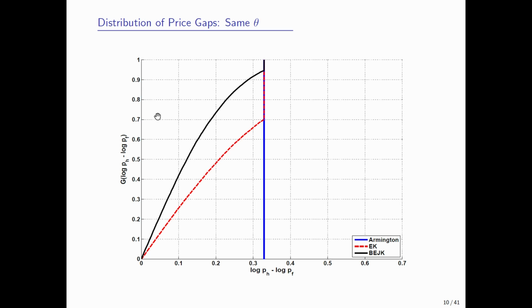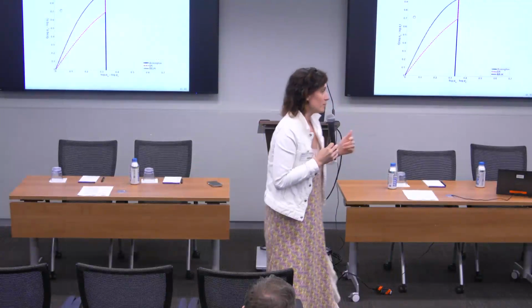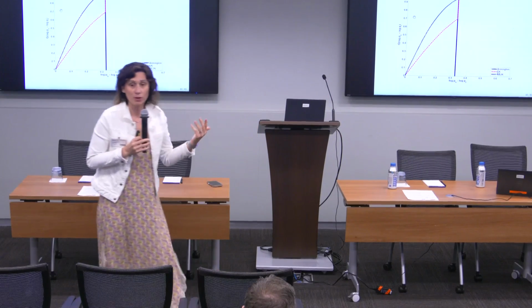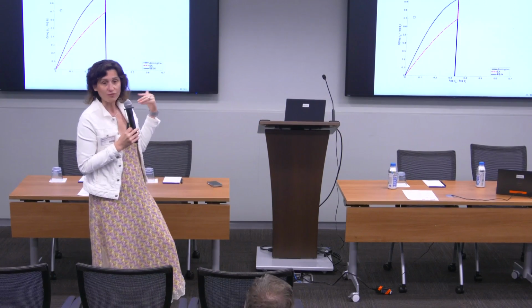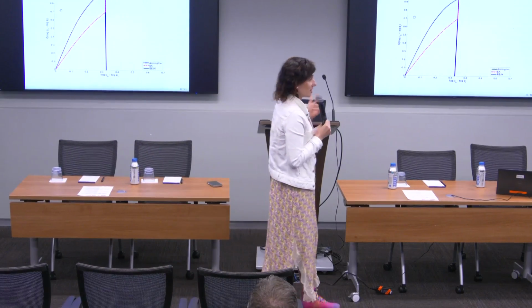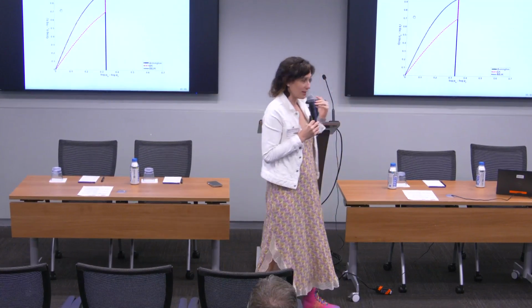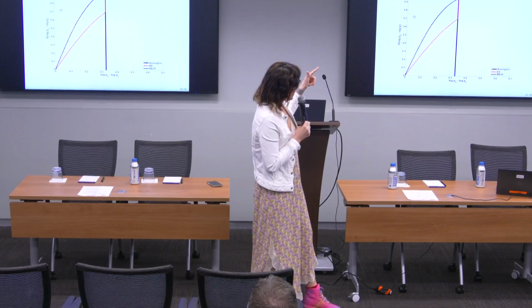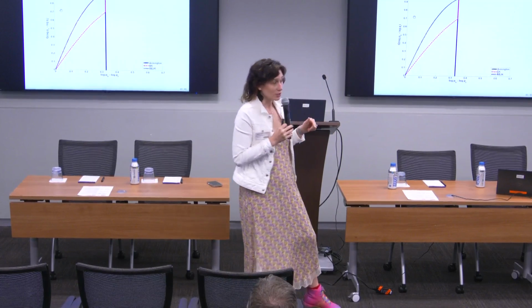The goods that are not tradable, I shouldn't say tradable, I should say traded, because they are all tradable, but actually not traded in equilibrium. The goods that are not traded in equilibrium lie to the left of this blue line. Similarly, for the BJK model, the goods that are not traded in equilibrium lie to the left, but the red and the black lines, which are EK and BJK, are not the same.